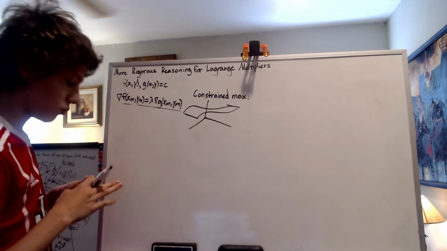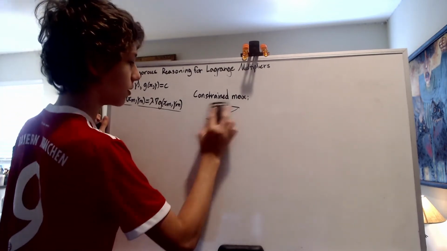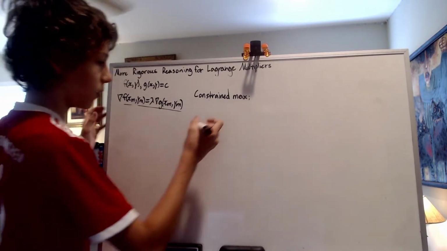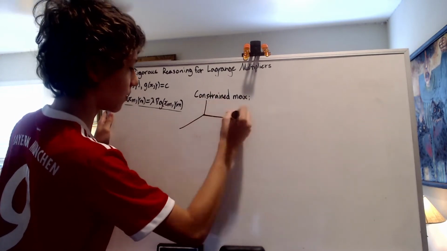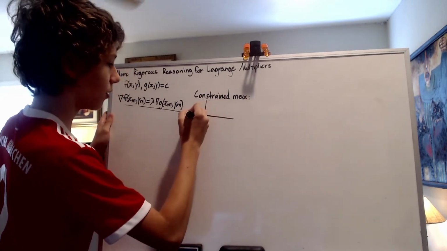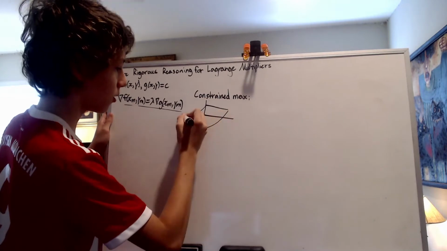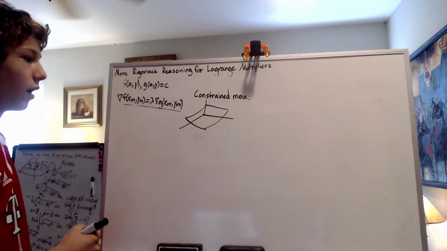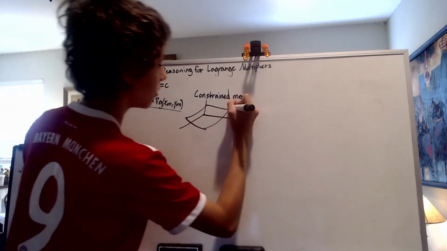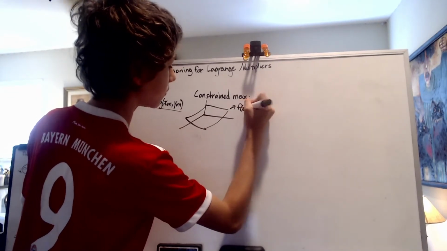Okay, that's not the best graph, so I'm going to erase it. I don't have many high hopes for drawing a nice graph, though. Okay, that's good enough. So this is our multivariable function f of x, y.